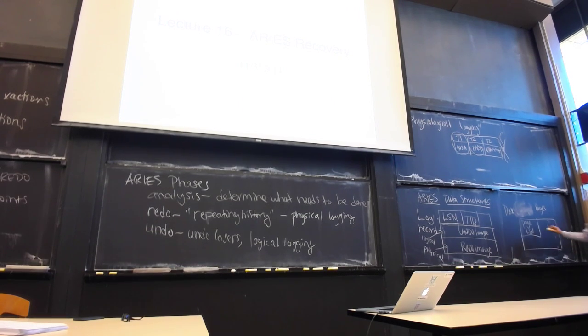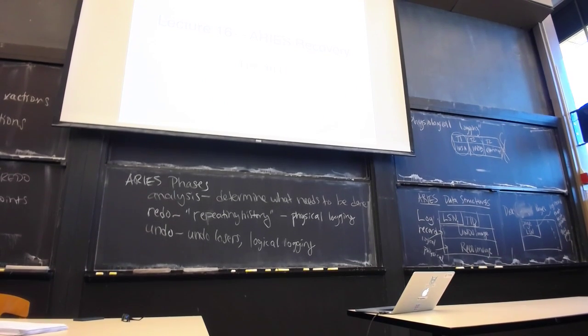Which is the log record that last updated this page before this page was flushed. Okay, so we keep this little bit of metadata. It just says, the last log record whose effects have been reflected into this page is the page LSN. So that allows us, when we're applying log records, to check and explicitly see whether a given log record has been applied to a page or not.